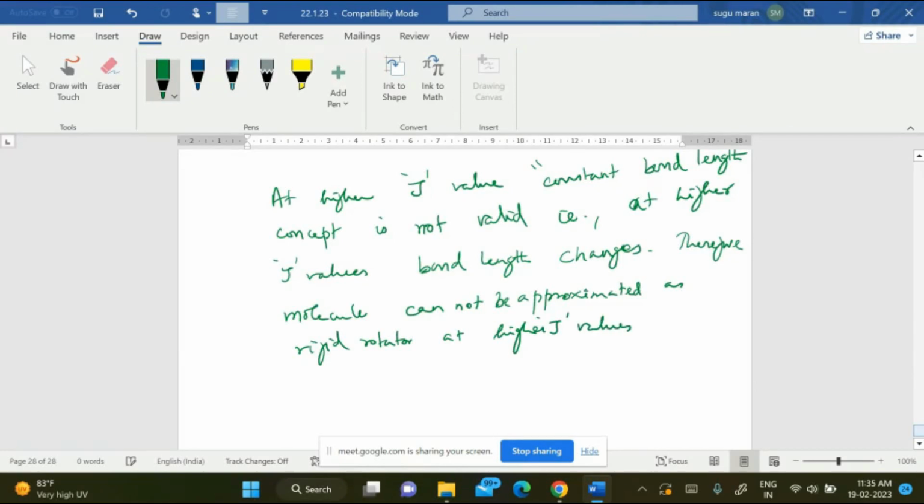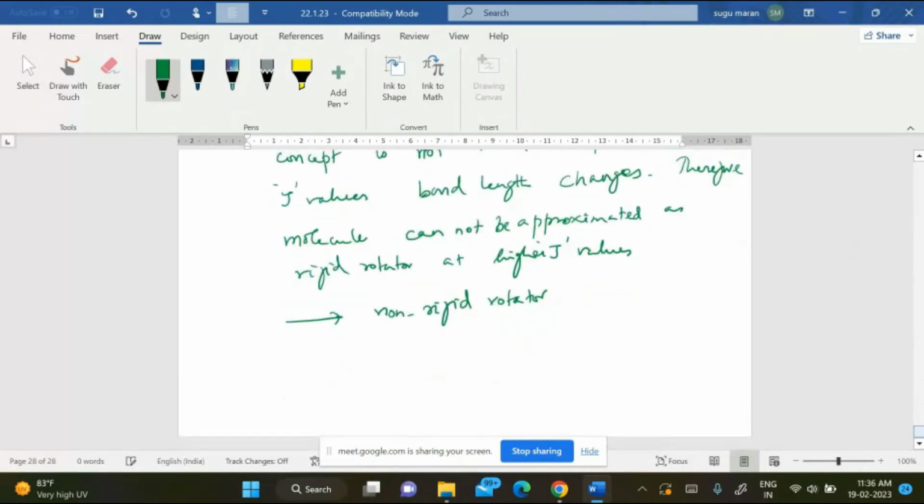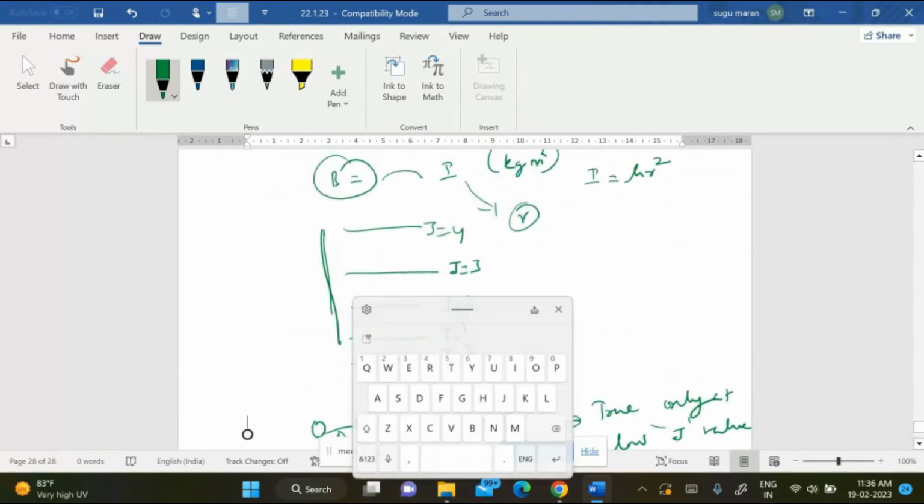Then they are called non-rigid rotators. Therefore, non-rigid rotator is the idea. So for any molecule at a higher J value, you cannot say it is a rigid rotator. It's a non-rigid rotator. So therefore, your entire equation changes.